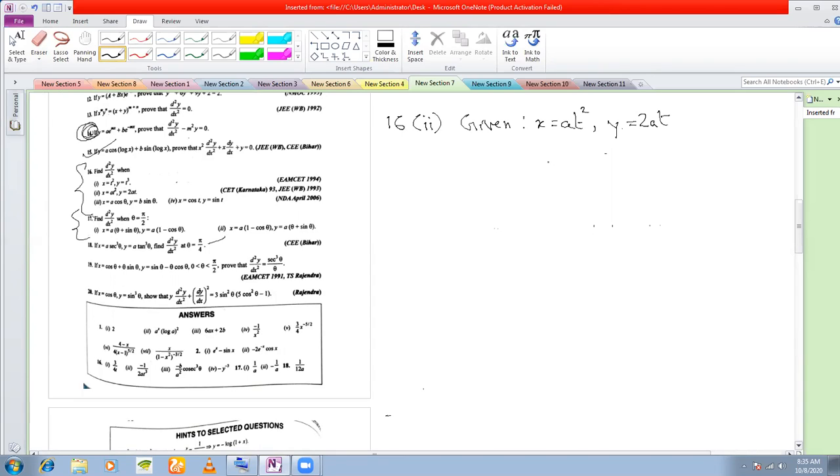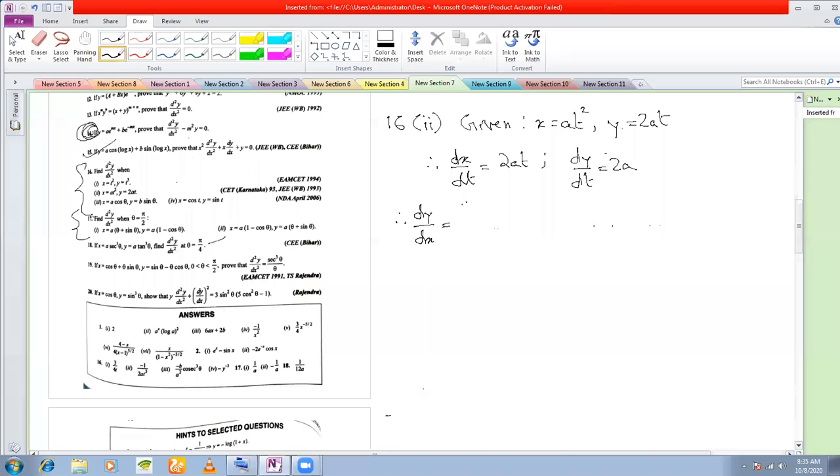You have to find dy dx first from here. So you do that as you do your parametric functions. So therefore what do you get? dx dt is equal to 2at, right? And what is dy dt? 2a. Okay, so therefore what is dy dx?